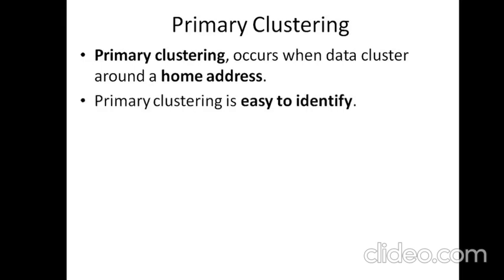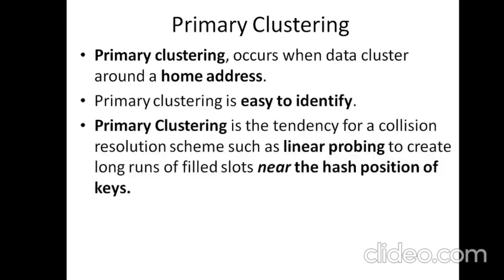Primary clustering is easy to identify. It is a tendency of collision resolution schemes such as linear probing. The reason we are considering linear probing as an example here is that linear probing causes values to be stored in subsequent addresses, plus 1. That results in primary clustering, creating long runs of filled slots near the hash position of the keys.